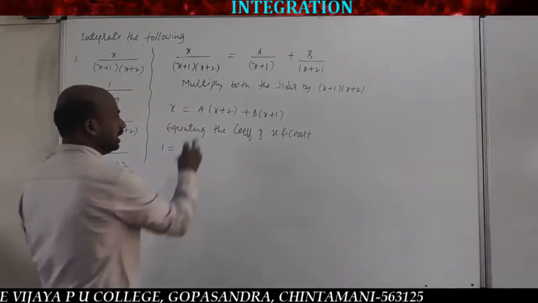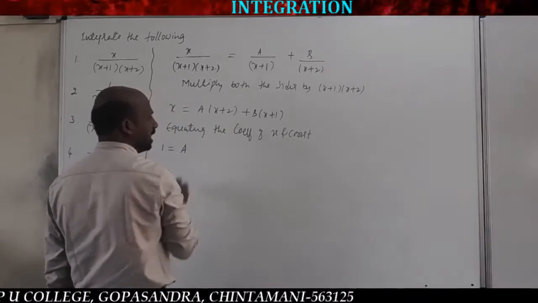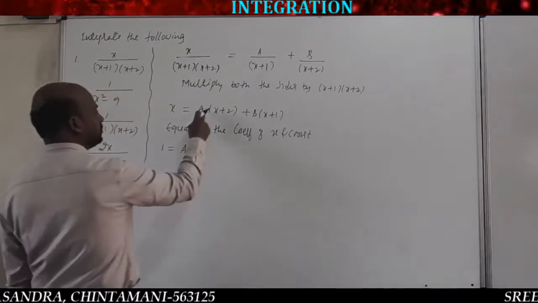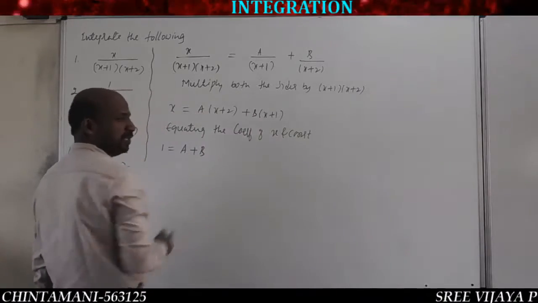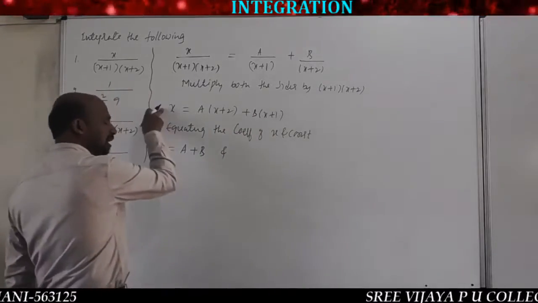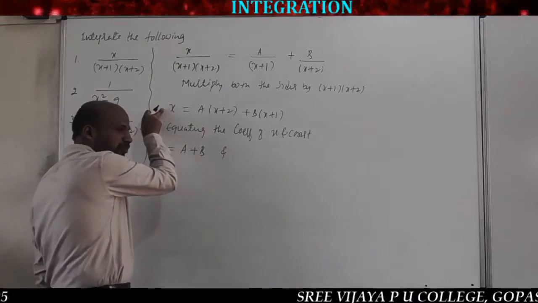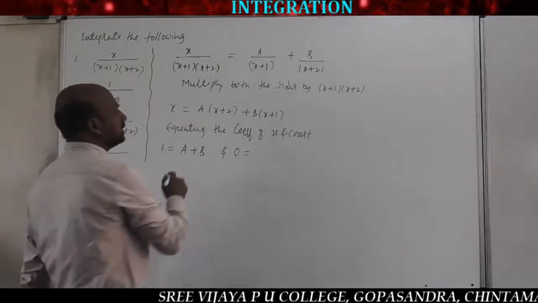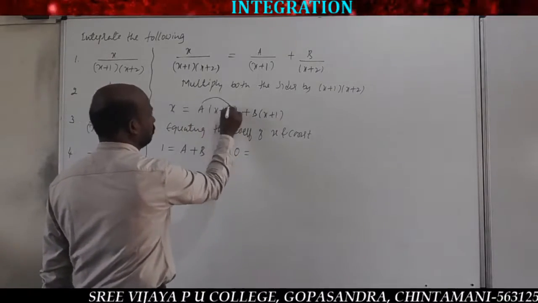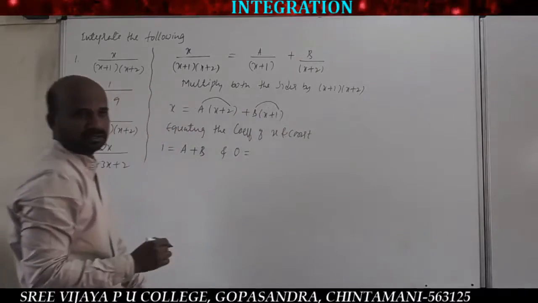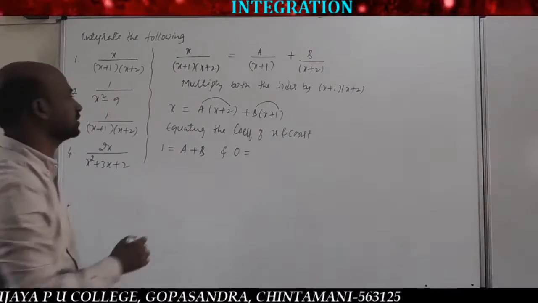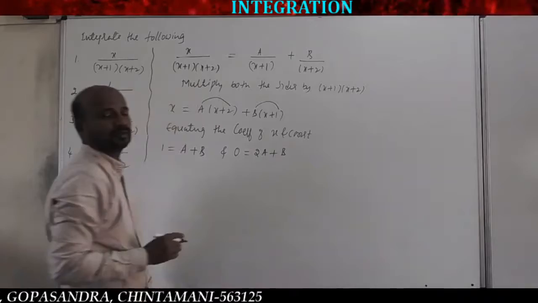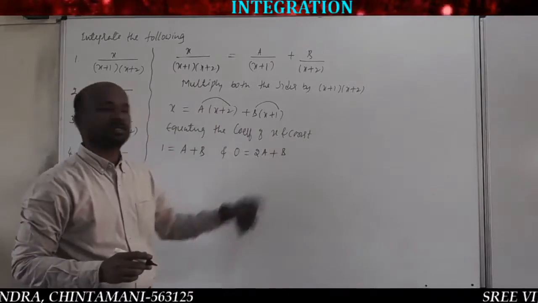So the coefficient of x is a here, and b here. For the constant term, there is no constant term in the LHS, so we take its coefficient as 0. In the RHS, multiplying gives 2 times a here and b here, free from x. So we get 2 times a plus b.